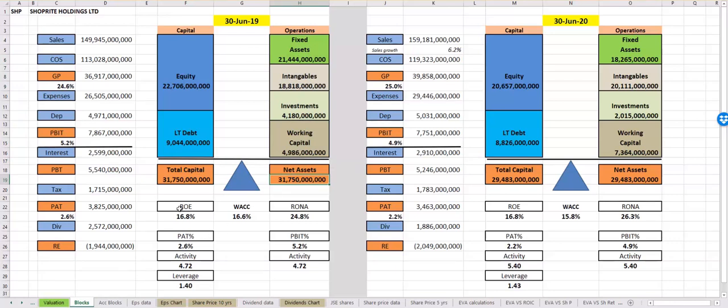All right, so down to some numbers that refer to performance. I'm looking at the return on equity, and return on equity is made up of three components: profit after tax, activity, and leverage. I'm not going to go into the details of how those are calculated, but if you multiply those three components, so the profit after tax percentage, 2.6%, multiplied by the activity or the use of assets, 4.7, multiplied by the leverage of 1.4, gets you a return on equity of 16.8%.